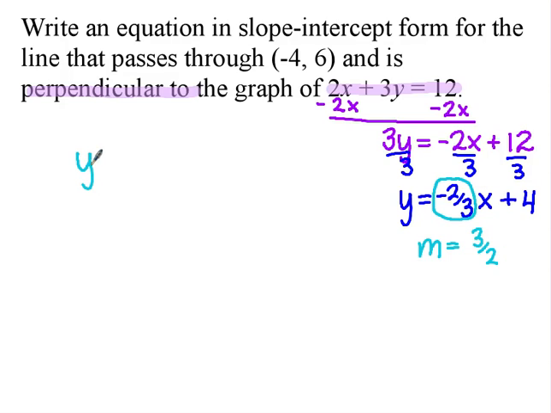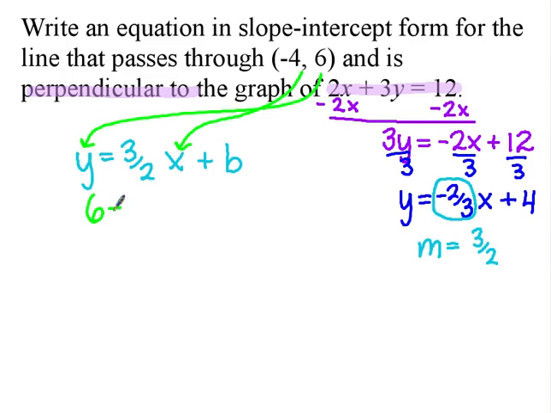My equation is going to be y equals 3/2 x plus b. What do I do now? Yep, so I'm going to plug in negative 4, and I'm going to plug in positive 6.